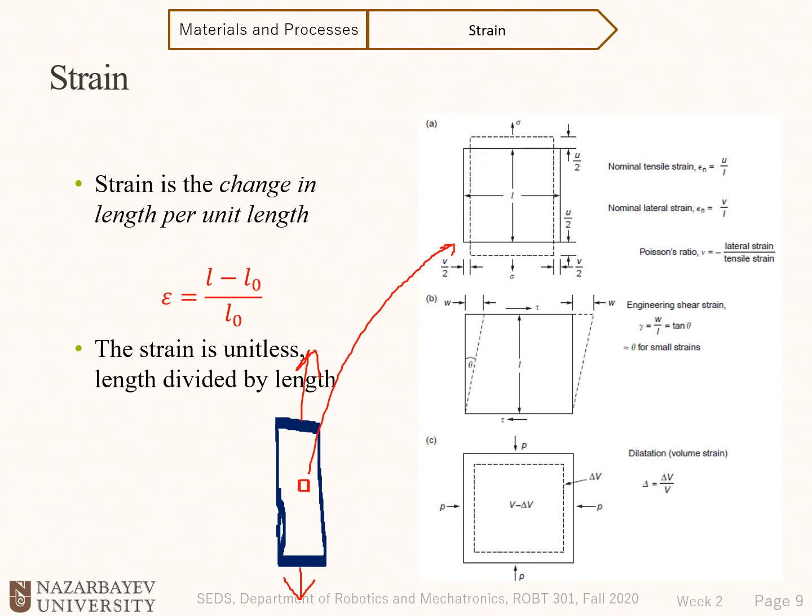Because we want a positive Poisson's ratio, and the lateral strain is negative for tensile stress. Why negative? Because the change of the length is negative, because L is less than L0 for the lateral side of this cube.